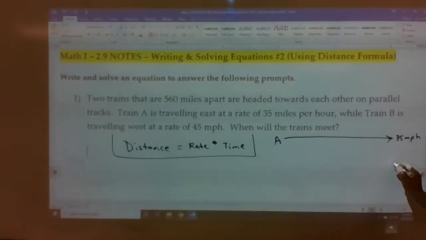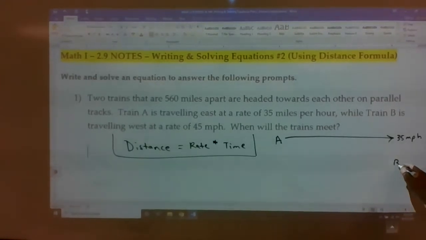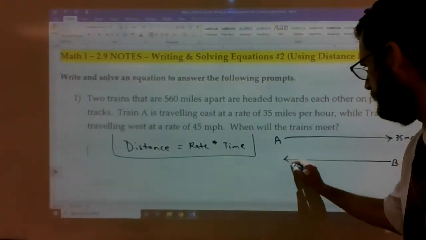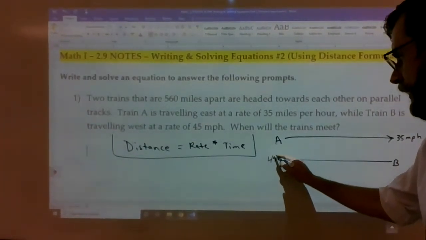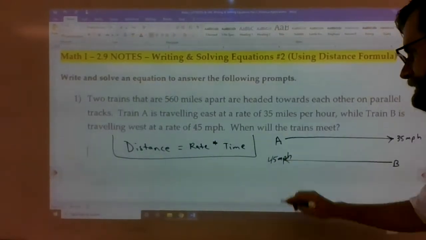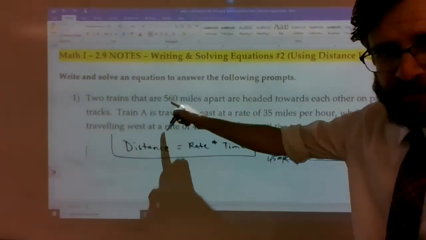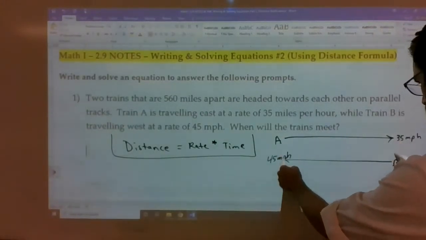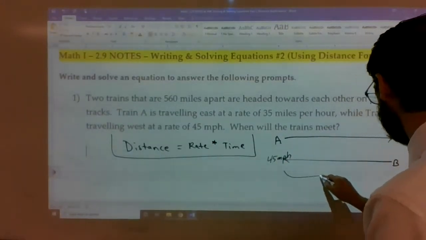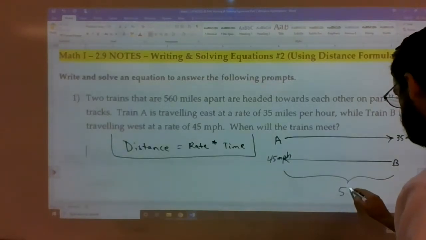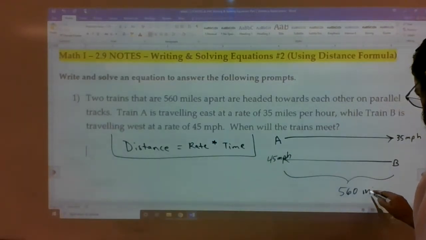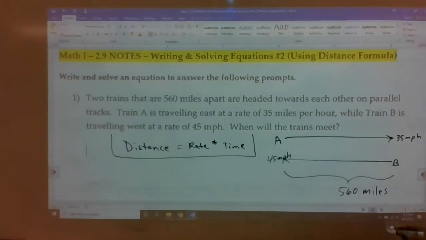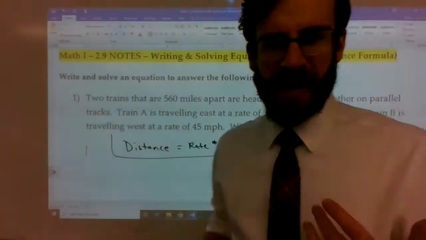Train B is traveling west at 45 miles per hour. And we know they're 560 miles apart. So we know that this distance right here is 560 miles. At what time will the two trains meet?